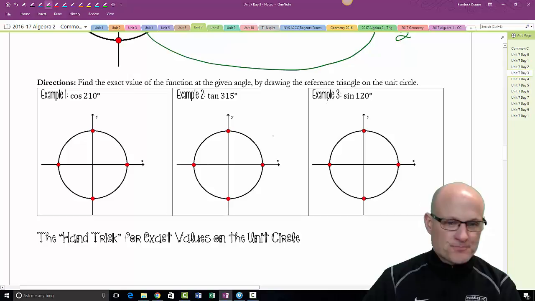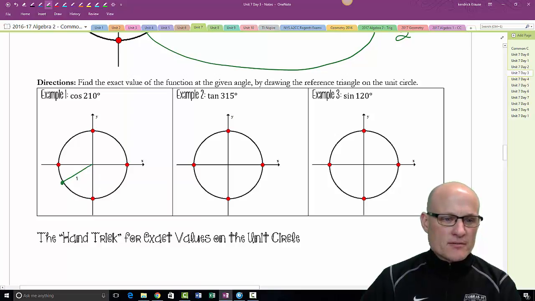All right, so 210. So this is 1, right? Now, if I remember correctly, by the way, my reference angle is 30. Opposite the 30 is 1. Opposite the 60 is the square root of 3.